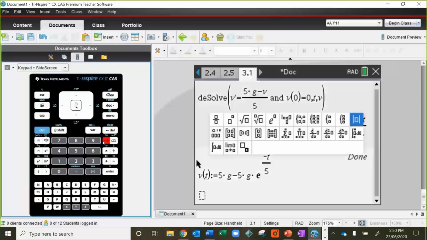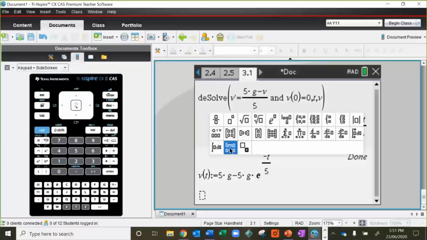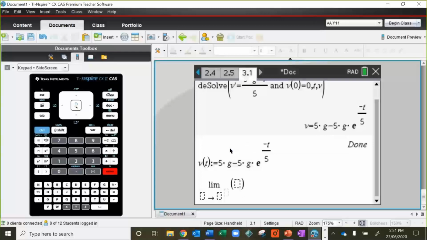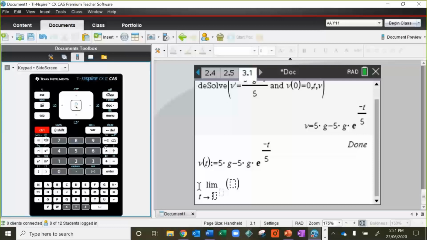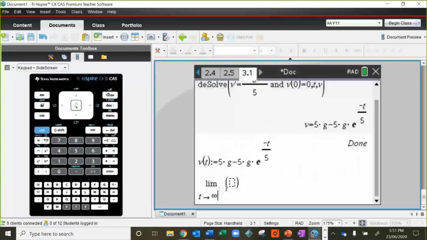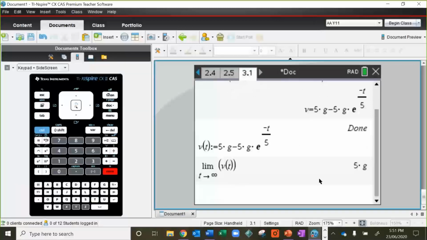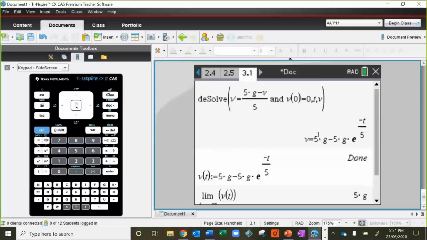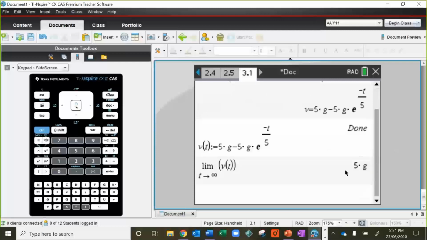So if we go to the template, and that's a limit here, when t approaches infinity, from the template here, and we put v of t, and that's our terminal velocity just in terms of g.